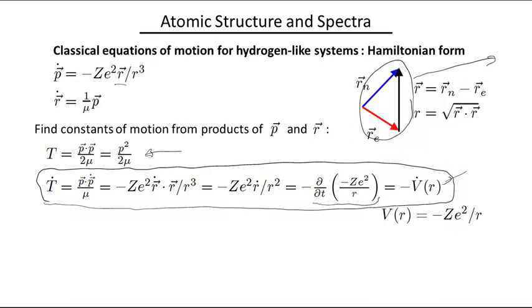So the potential energy here, when added to the kinetic energy, gives a constant of motion. When you start the system with an arbitrary configuration of the two particles, that is, the positions and velocities are what they are at some initial time, then at any later time you compute the total energy as the sum of the kinetic and potential energies, and that sum adds up to exactly the same thing.